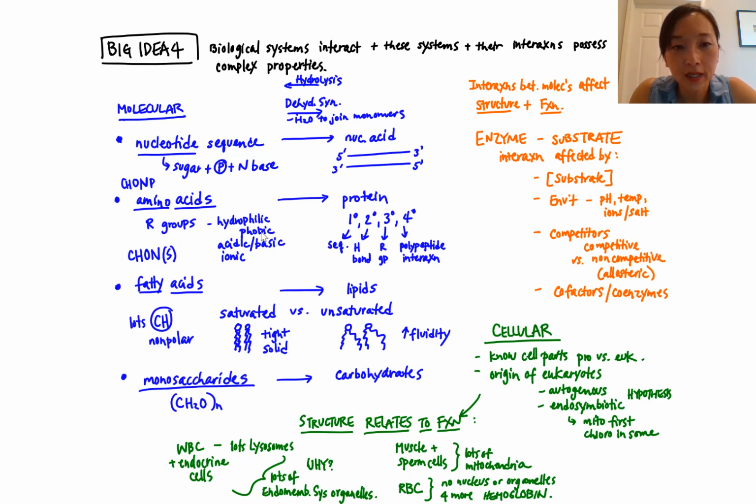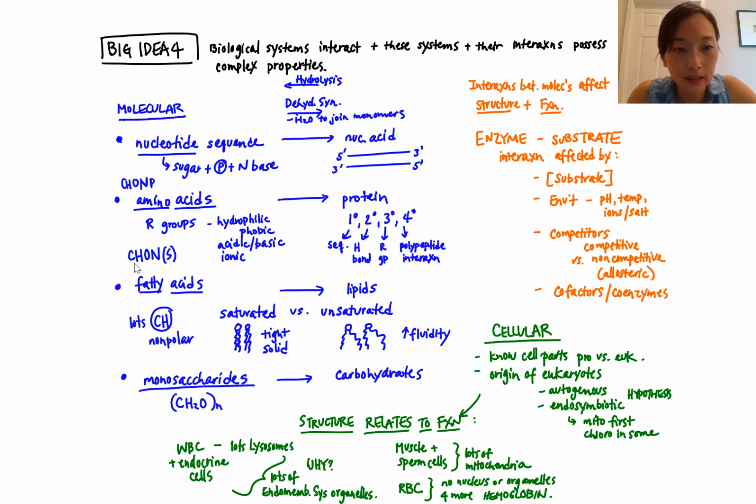So you have hydrophilic or polar R groups. You have hydrophobic or nonpolar R groups, and all those R groups that are nonpolar tend to be near the core, away from water. And then you've got your ionic R groups, which can be acidic or basic. Okay, so you have these different R group interactions.